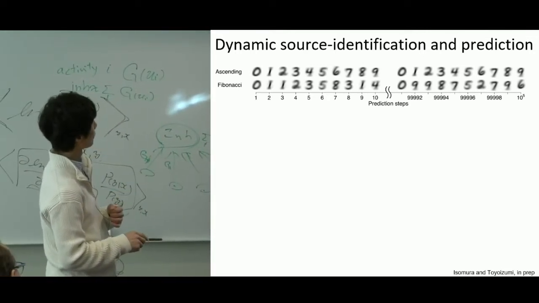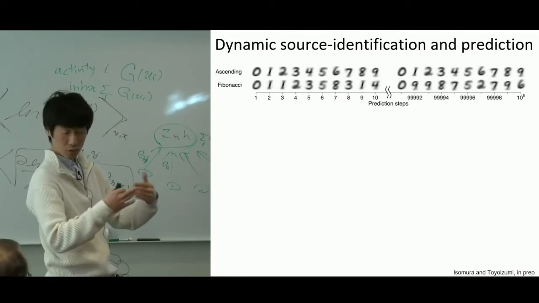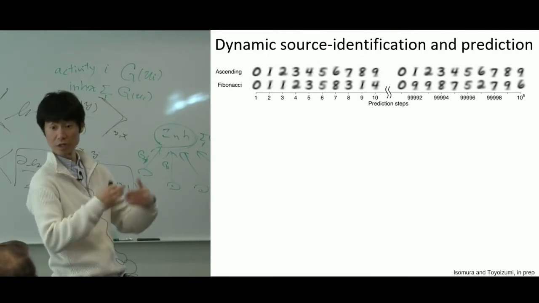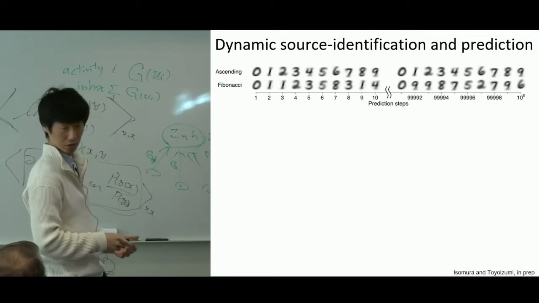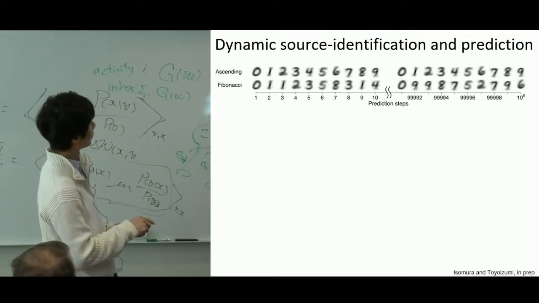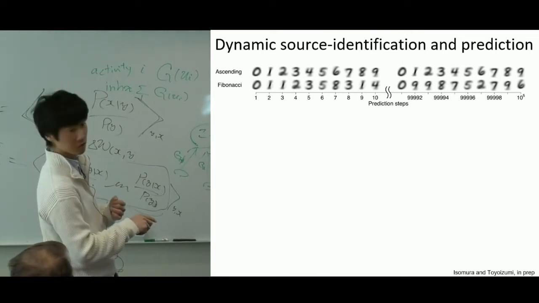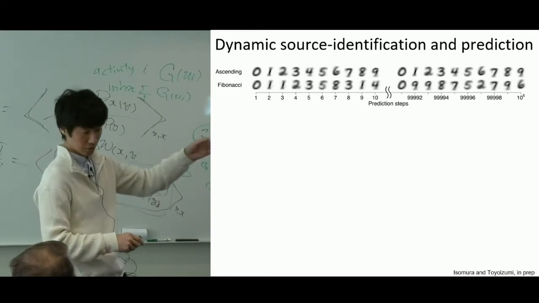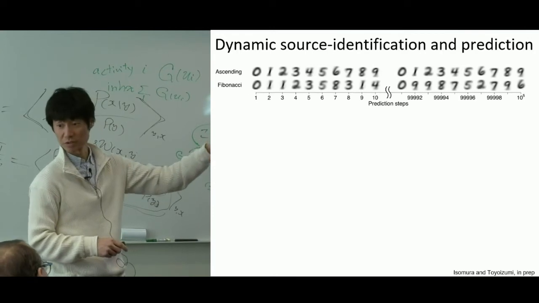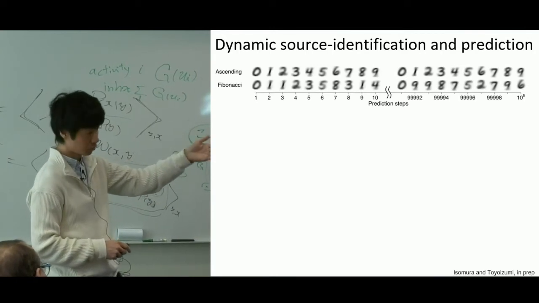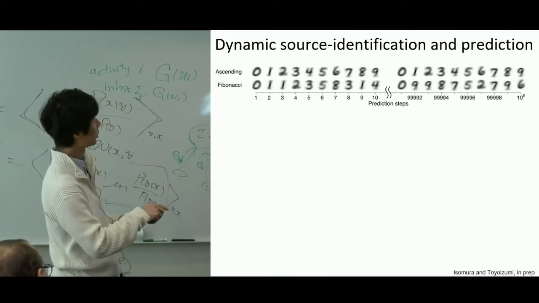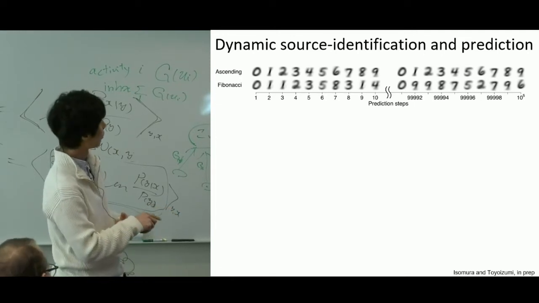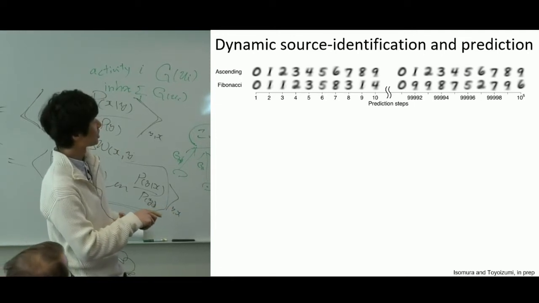So the situation we are thinking of is we have sequences of sensory inputs coming in. Let's say in the case of MNIST digits, in one case, it's an ascending order, 0, 1, 2, 3, 4, 5, 6. There are some random flips from time to time, but with a large probability, it's just an ascending order. Or it can be a Fibonacci sequence.